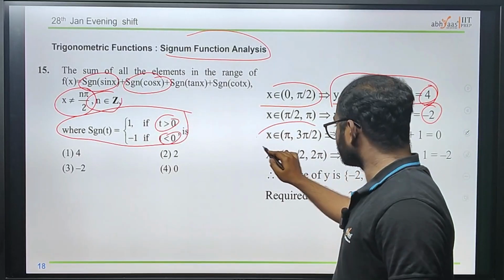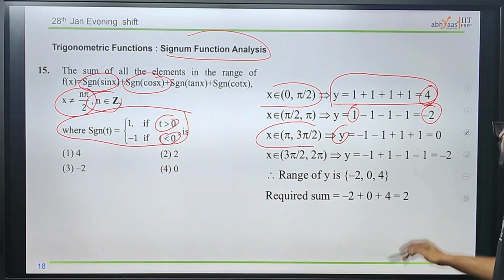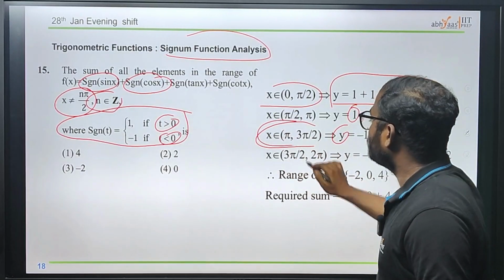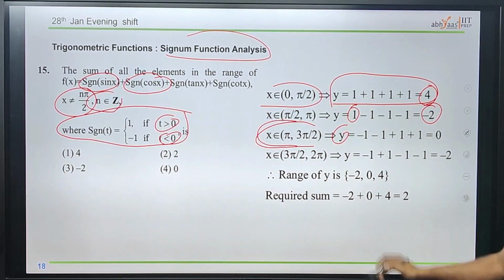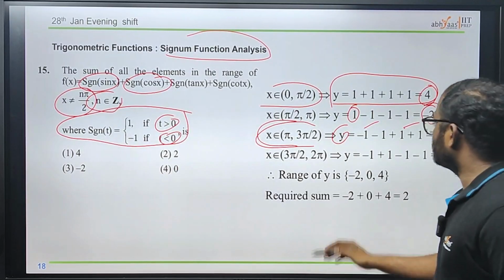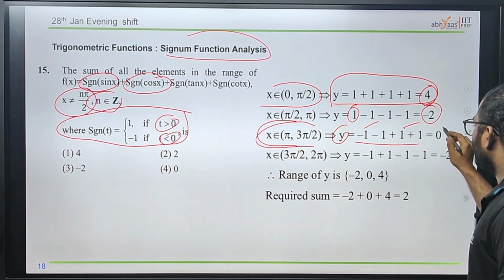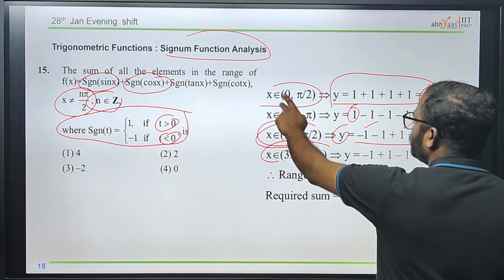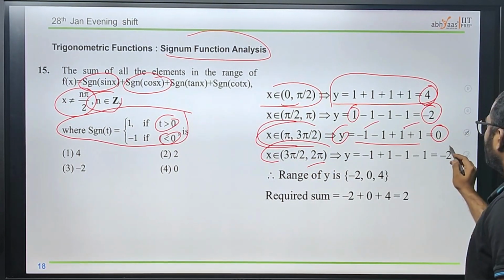Then y is equal to minus 1 in the next interval, and from pi to 3 pi by 2 the function is decreasing somewhere and increasing elsewhere, so the signum of this will be 0, and similarly for the other. Therefore from 0 to 2 pi we got the values.